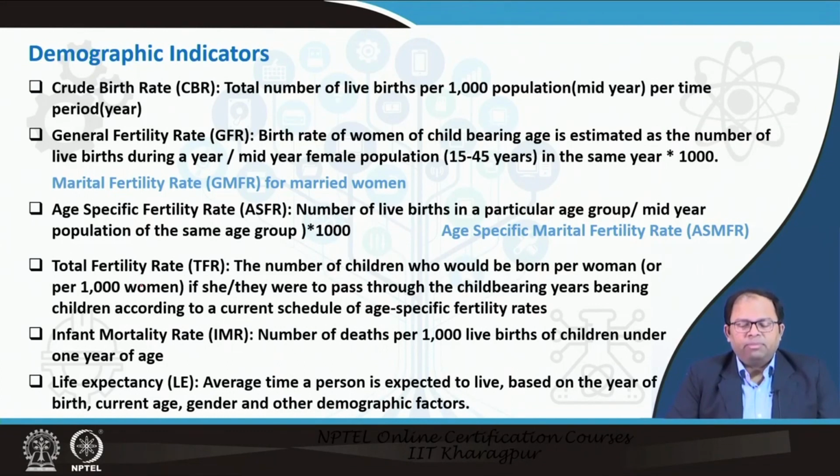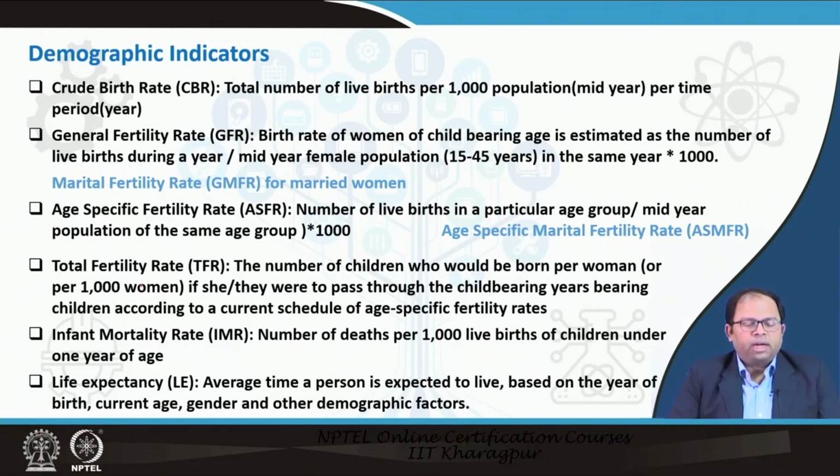So again, the number of live births in each age group is considered, and we also consider the mid-year population of the same age group, because the population may fluctuate during the entire year, and again we multiply by 1,000. And similarly, we can also have the age-specific marital fertility rate, which again means that we only consider married women.